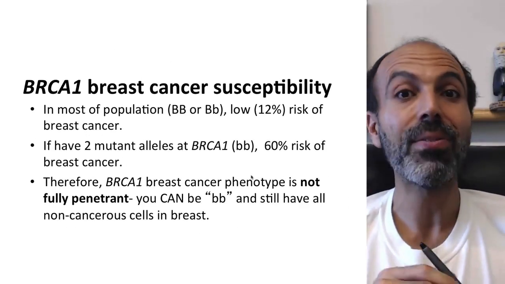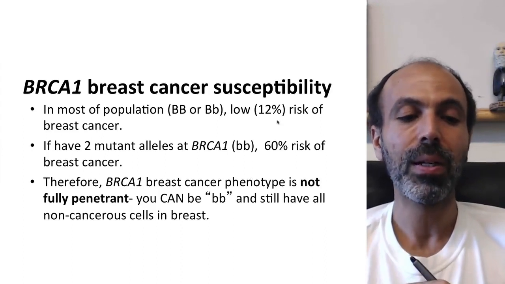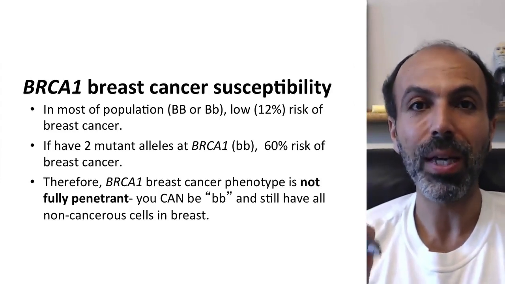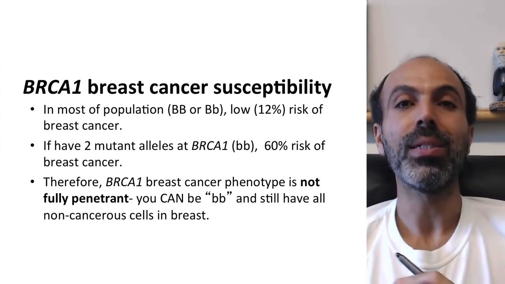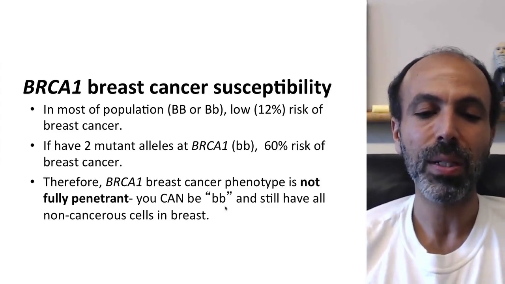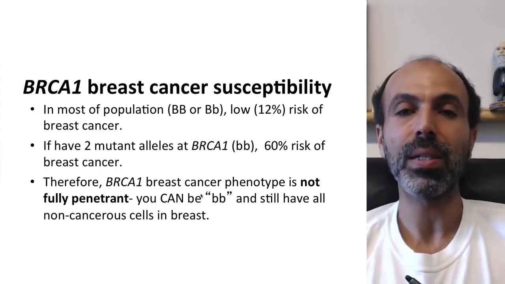So this is 5 times higher chance of getting breast cancer. This is 5 times what is a reasonable risk there. But not everybody who's little b will get breast cancer. Right? This is not fully penetrant in that regard. So the BRCA1 breast cancer phenotype is not fully penetrant because you can be little b and still have all non-cancerous cells in your breast. So this sort of variable penetrance also contributes to some of the variation we see in traits.